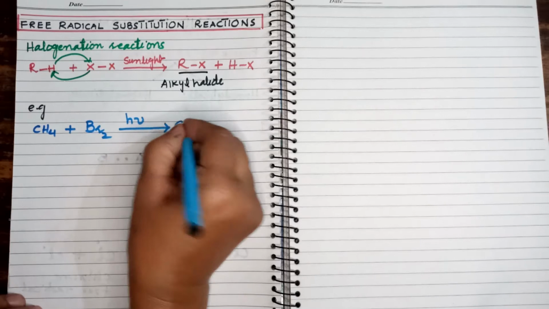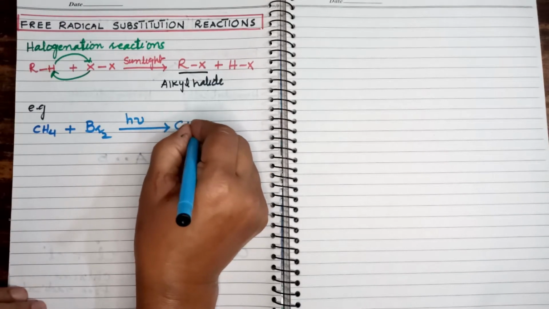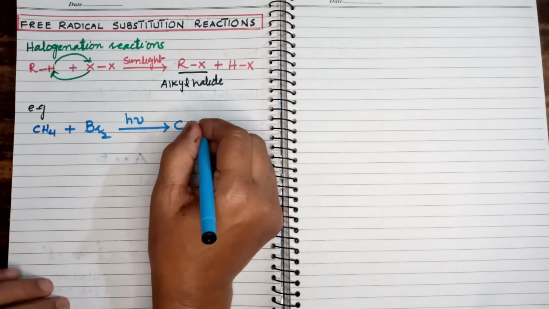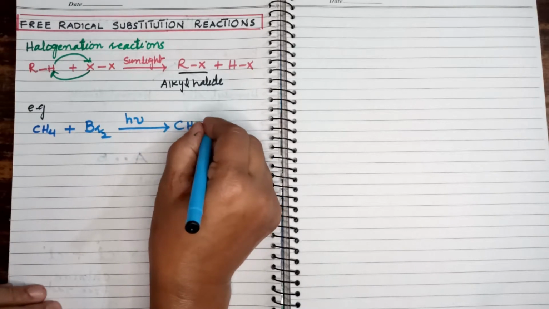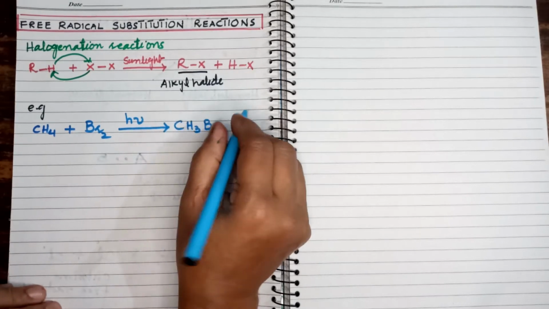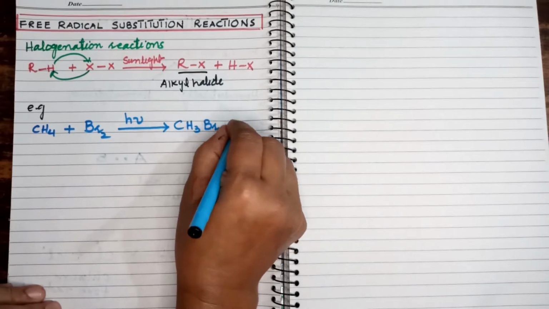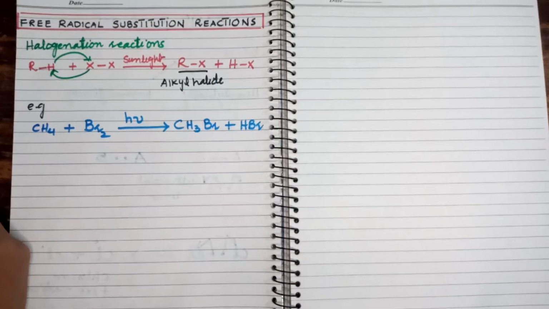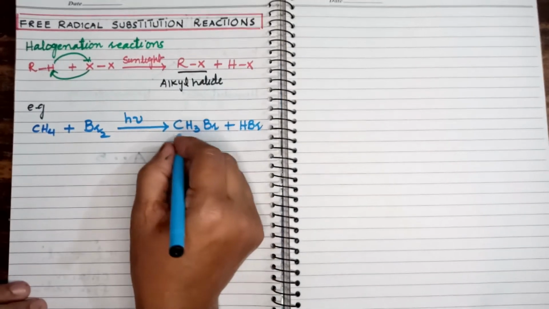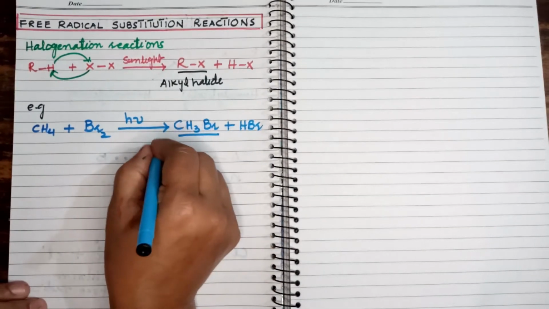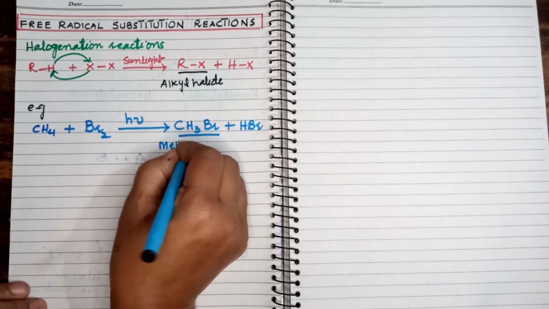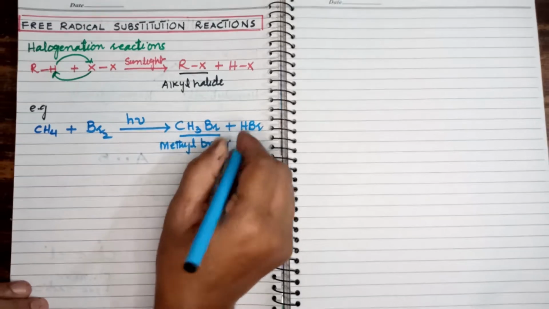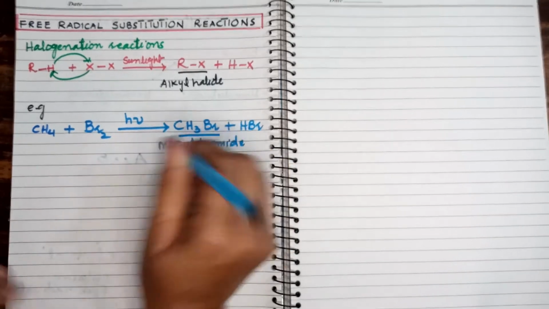So after the reaction we will have CH3Br plus HBr. This molecule which is formed is known as methyl bromide, right students? It is an alkyl halide molecule.